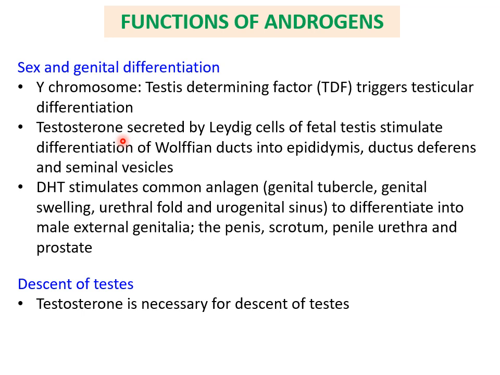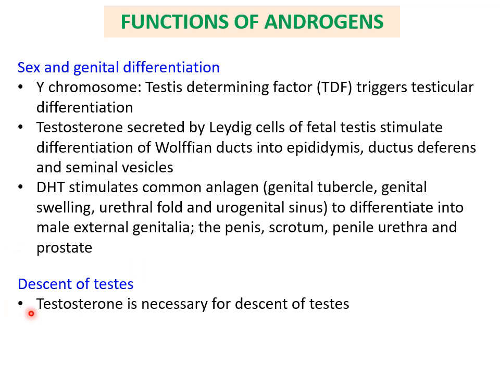Testosterone, for example, which is secreted by the Leydig cells, stimulates the differentiation of Wolffian ducts into epididymis, ductus deferens, and seminal vesicles. DHT stimulates the common urogenital sinus to differentiate into male external genitalia, such as the penis, scrotum, penile urethra, and prostate.